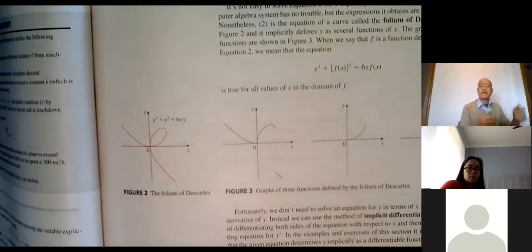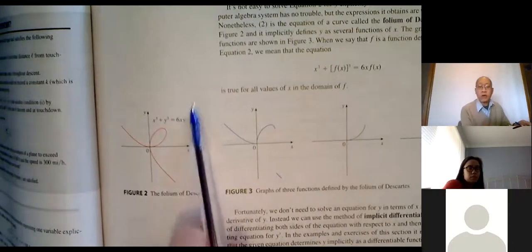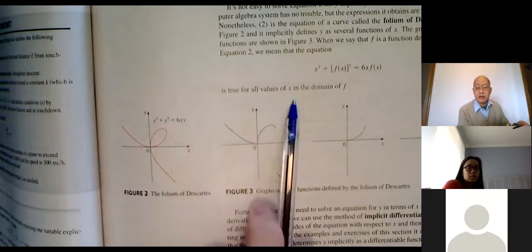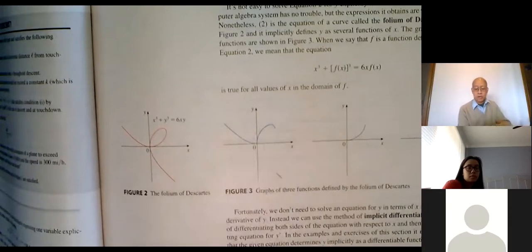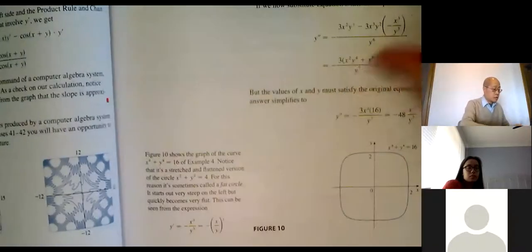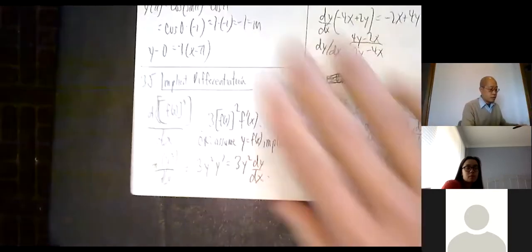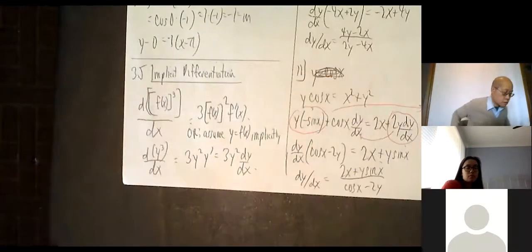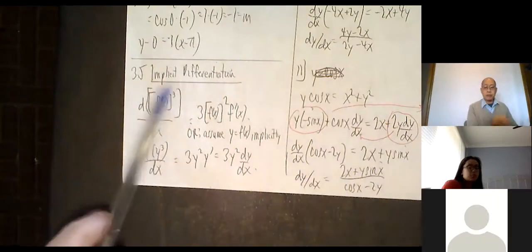So how do we differentiate functions now when it's not y explicitly as a function of x, but you have x's and y's all mixed together? The text sort of goes over that already here, and it gives you the algorithm.